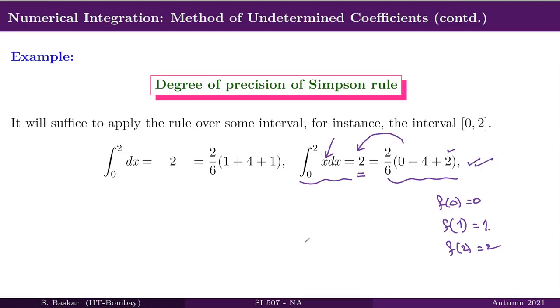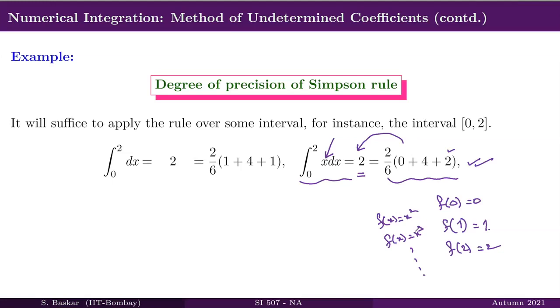Like that, you keep on going. You put f of x equal to x square, f of x equal to x cube, and so on, till you get a situation where your exact integral is not equal to the value given by the Simpson's rule.